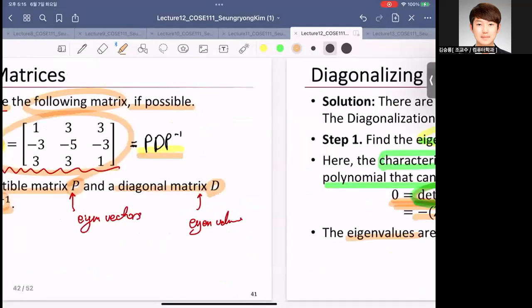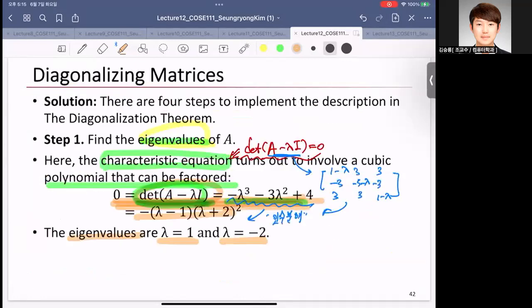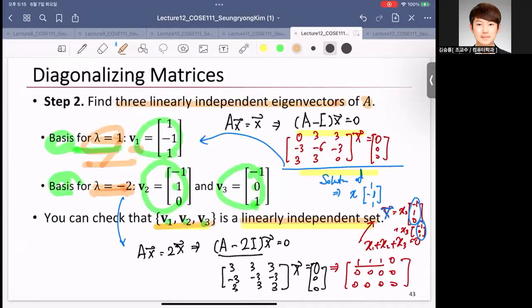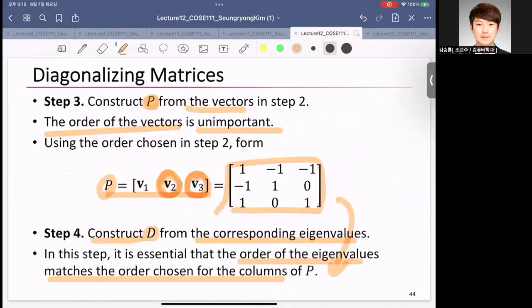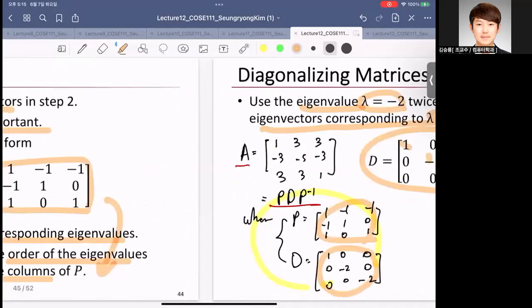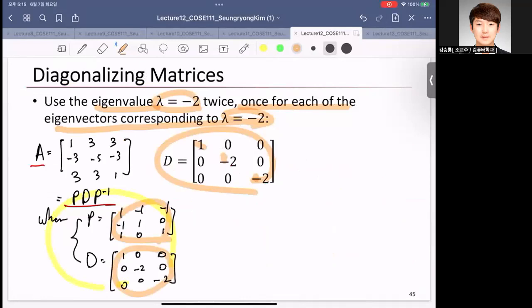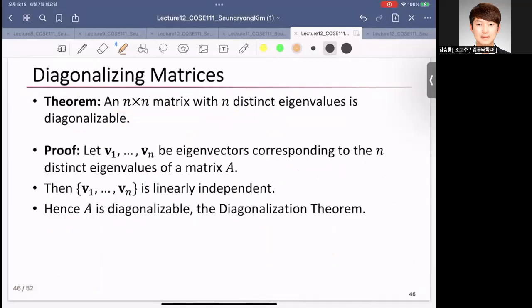First we find the eigenvalues, then move to the eigenvector computation and build the matrices P and D. It's going to be PDP inverse, where P looks like this and D is like this. And today, we will see one more theorem, and we will move to the singular value decomposition.